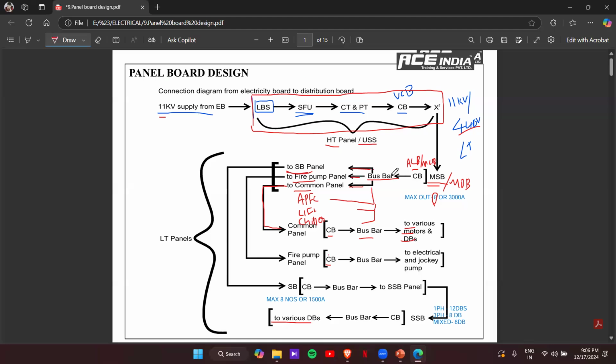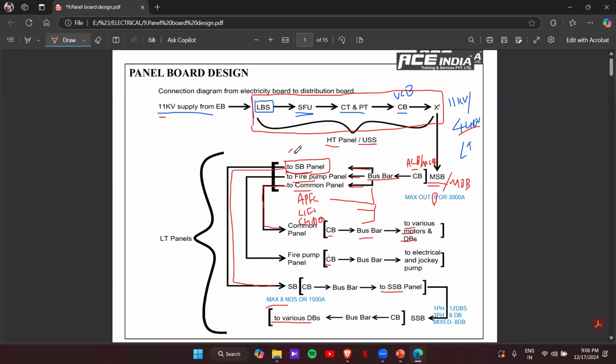And if our connection number goes above 8, you can take one intermediate panel. That intermediate panel is called the SB panel, the switchboard panel. From one SB panel, you can again take 8 outgoings, or specifically 8 SSBs can be connected from one SB.